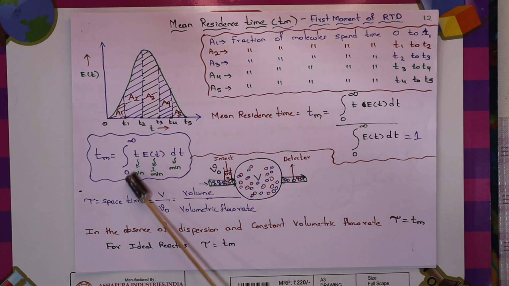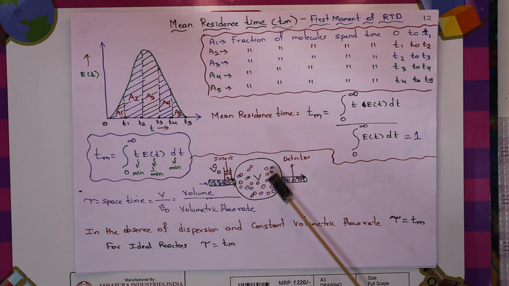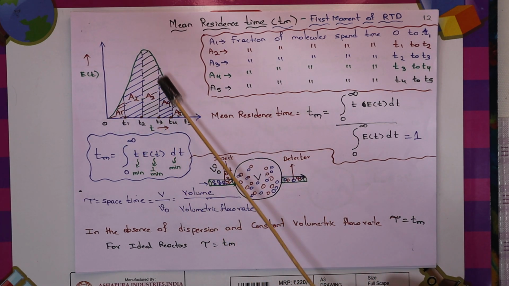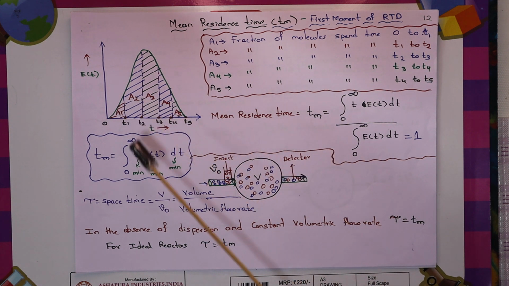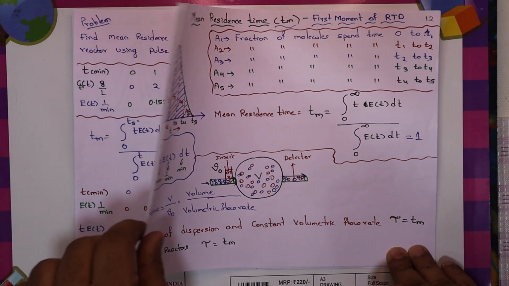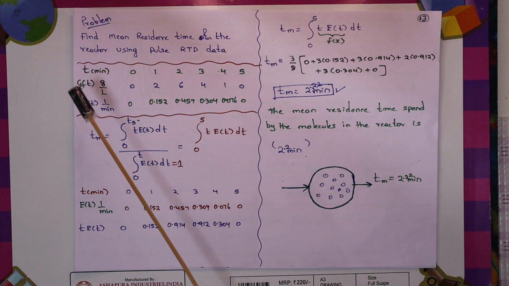Let us find out the mean residence time using sample data, that is tracer curve experiment data. That means people who have injected some amount of tracer, and at the exit with respect to time they have got the E of t graph. From the E of t graph, let us evaluate the mean residence time. So let us look at the problem.